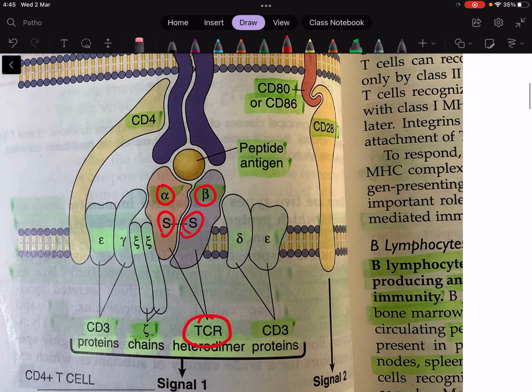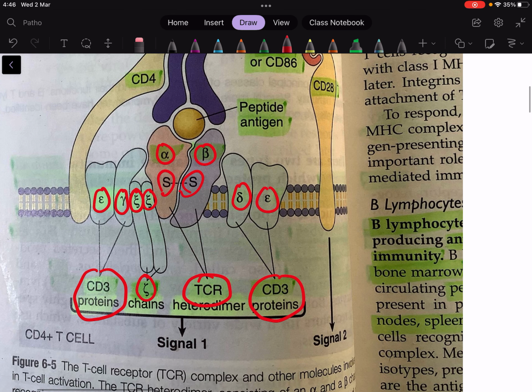And as you can see here, the CD3 proteins consist of a delta and epsilon polypeptide chain, and the other CD3 protein here consists of gamma and epsilon polypeptide chains. And here you can see the two Z polypeptide chains making your zeta chain. Now this entire complex is your T cell receptor complex.